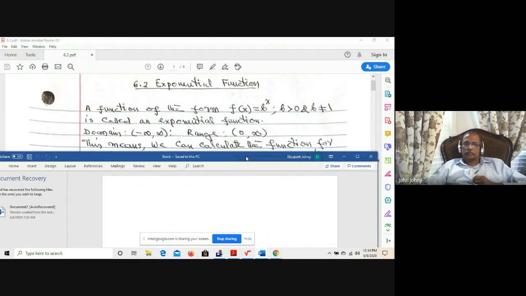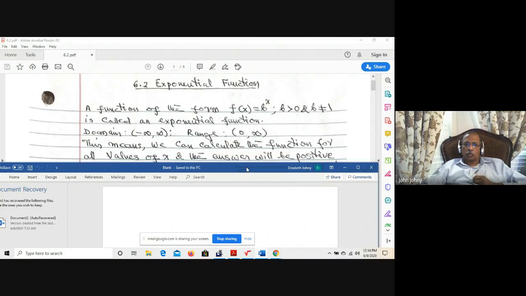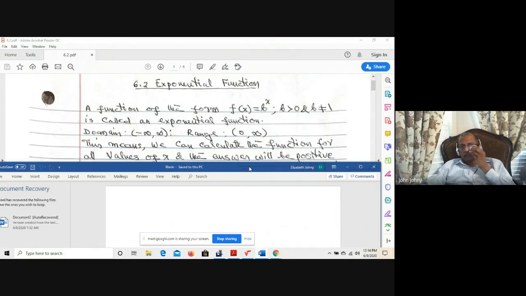That means we can calculate the function value for all real values of x, whatever be the value of x. So far as it's a real number, you can calculate the value of f(x) and the answer will be always positive.